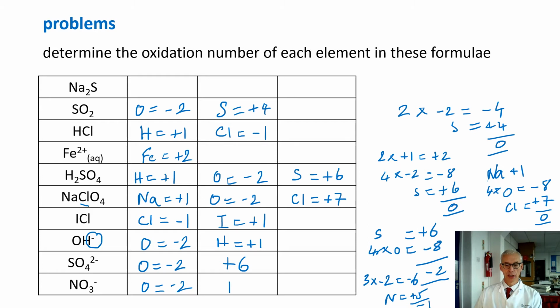So nitrogen must be plus 5. 3 times minus 2 is minus 6, plus 5 equals minus 1. The oxidation numbers must sum to minus 1.